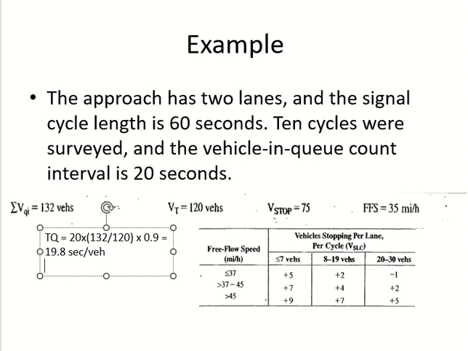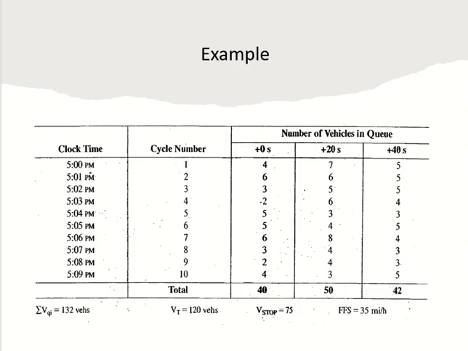Okay, next thing is vehicles stopped per lane per cycle. How many vehicles stopped? 75. We have 2 lanes, you can see it in the question. For the number of cycles, I will go back here, you see the number of cycles in the second column. That's why we are putting readings or observations in different lines, so we can count the cycles. So how many cycles? 10.